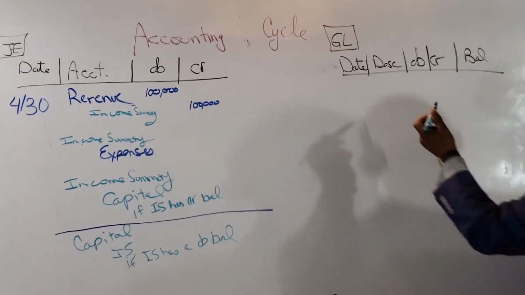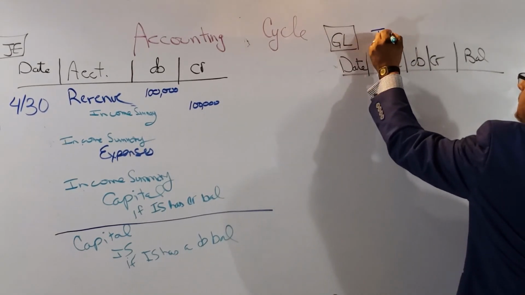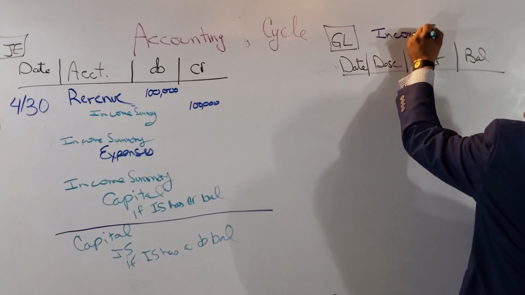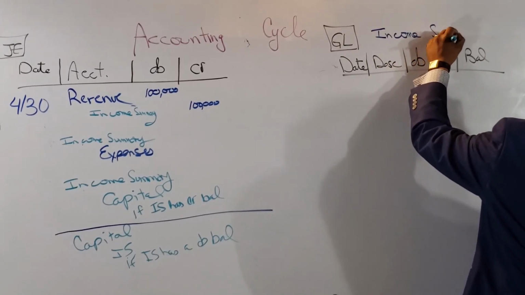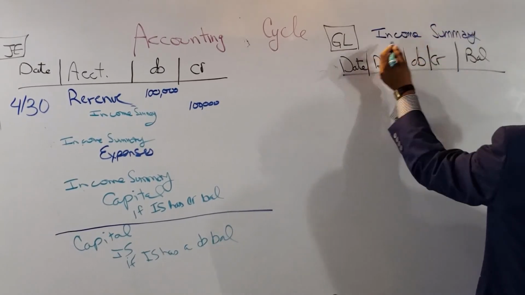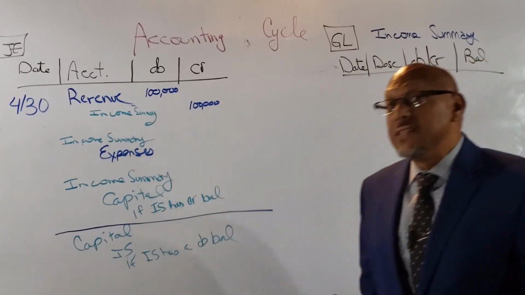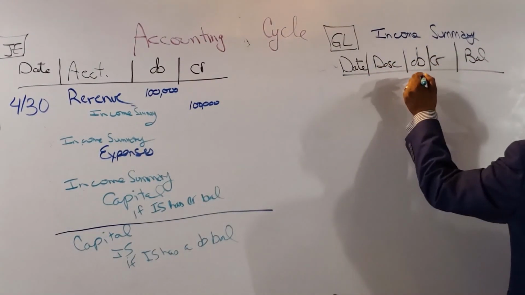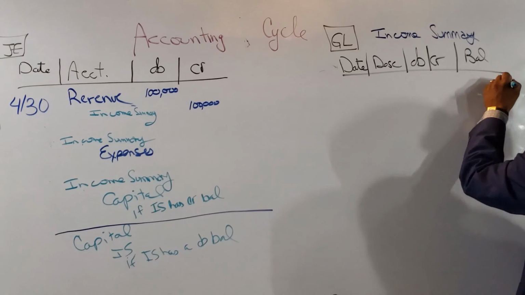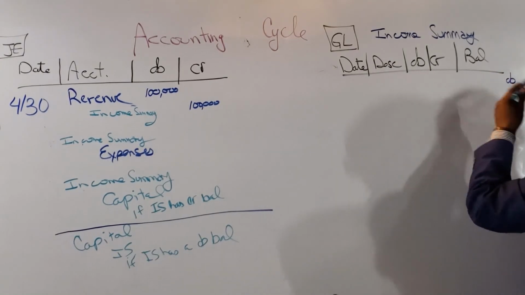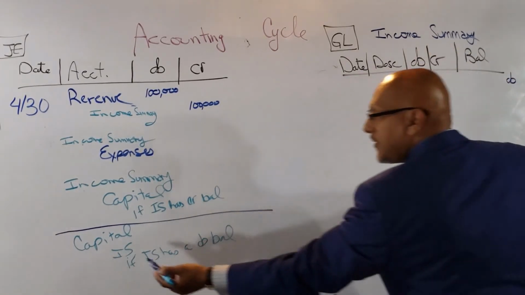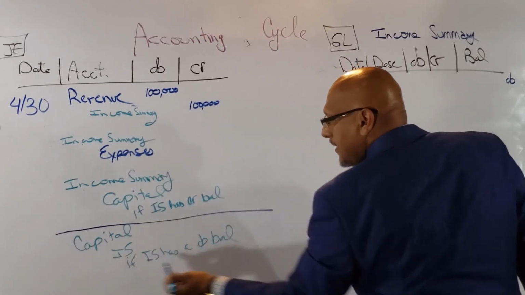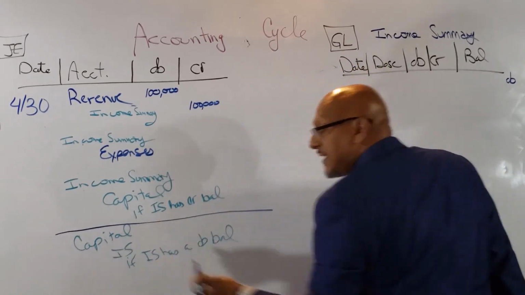If our income summary GL, which is new now because of the indirect method, has a balance that's a debit, we would have to credit the income summary and debit capital.